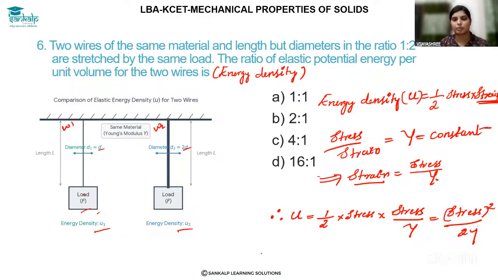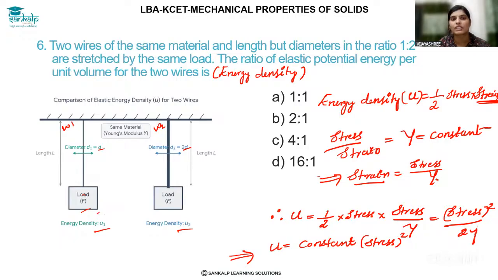Stress square divided by 2Y, which implies what? 2Y is constant here, so U is equal to constant into stress square.